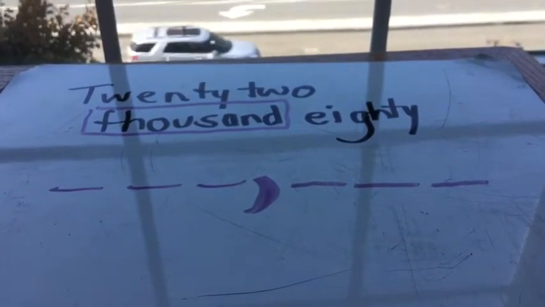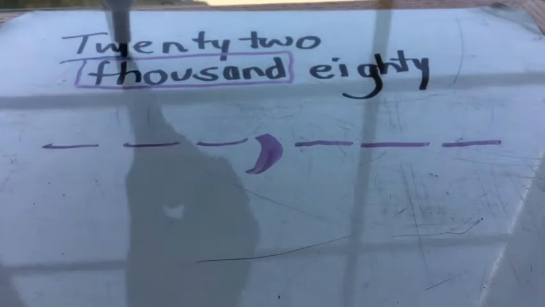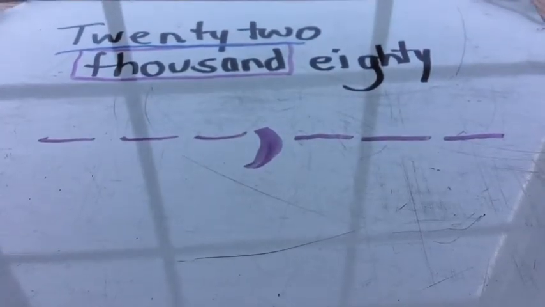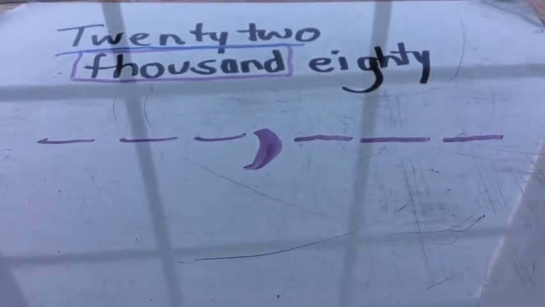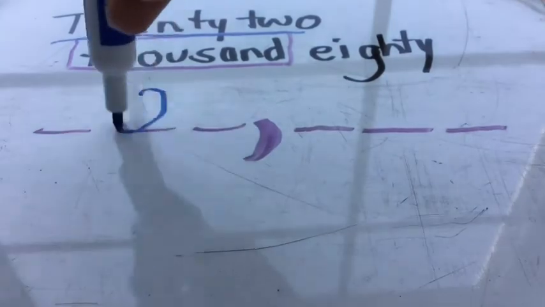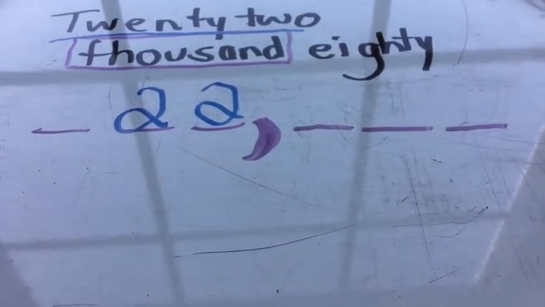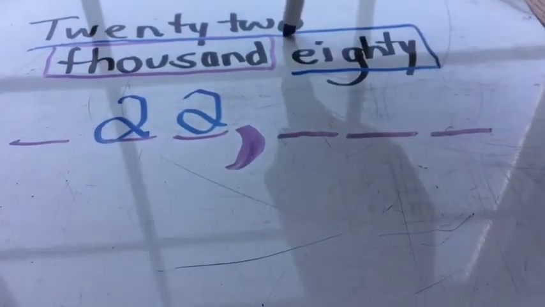So I'm going to look at everything before the word thousand, and before the word thousand is 22. Now, if I want to write 22 in my thousands house, I know that 22 is 2 tens and 2 ones. Then I have the word 80.